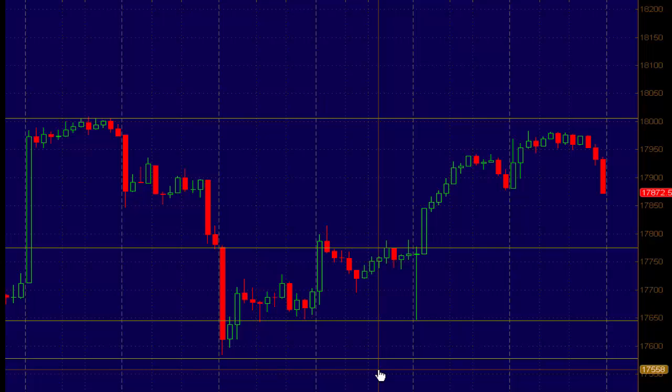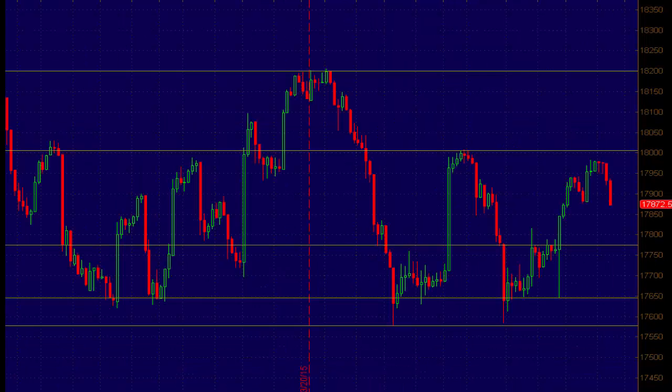Let's take a look at a longer term chart for the day. This is the hourly chart of the Dow, and this goes back a month. Just looking at it now, what I'm noticing is we have a left shoulder, the head, and a right shoulder. That means these bottoms here could very well fall.